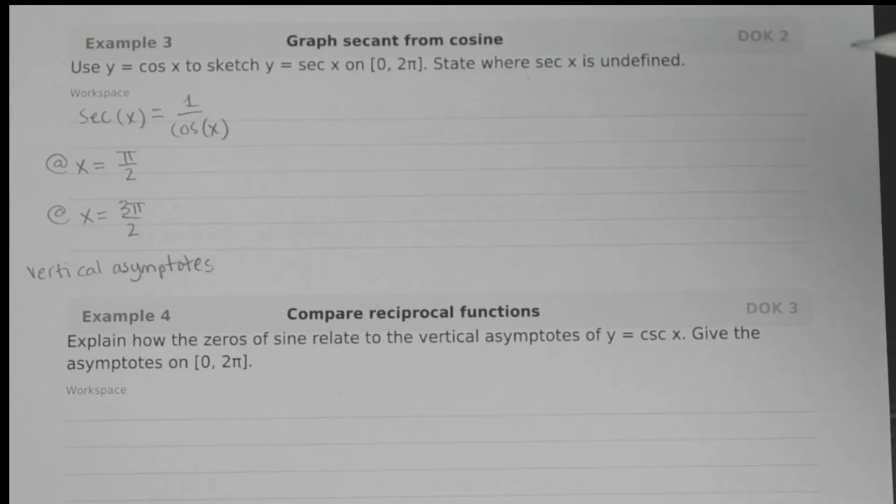Now we use important cosine values. You remember from our previous lecture, the cosine values are very common. For example, cosine at 0 is equal to 1, so the reciprocal would be 1 over 1, which is equal to 1.